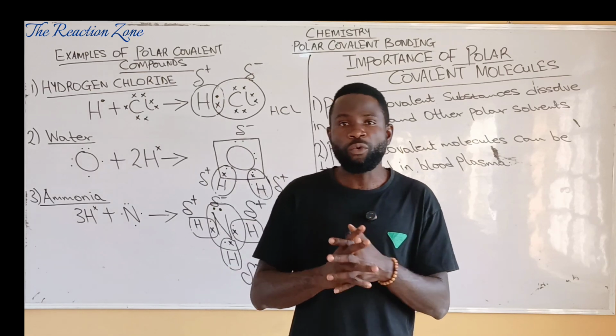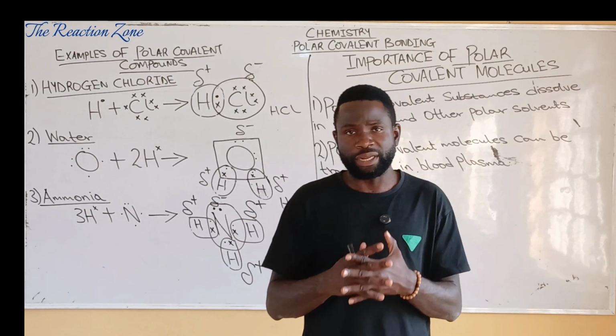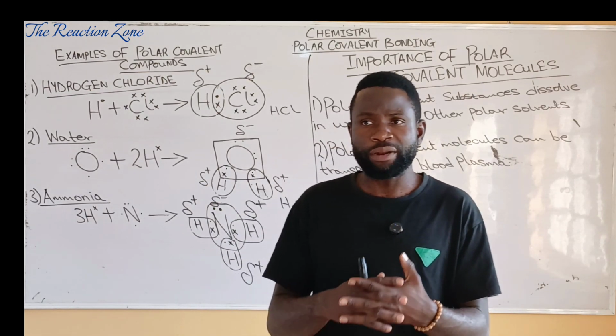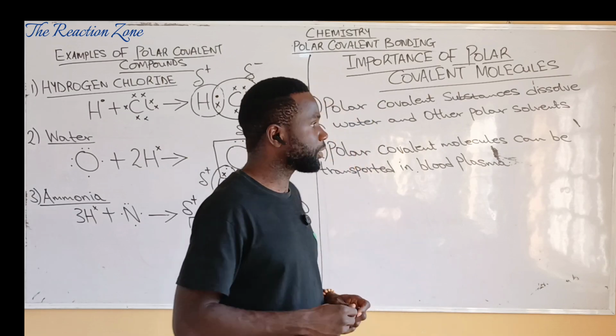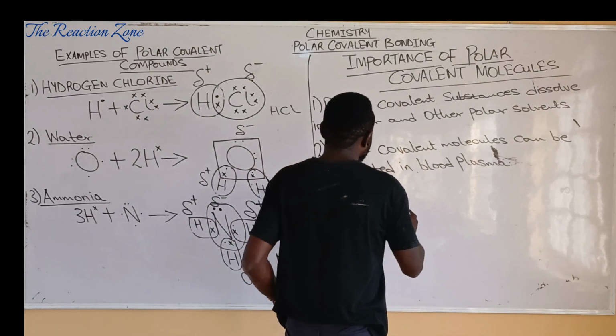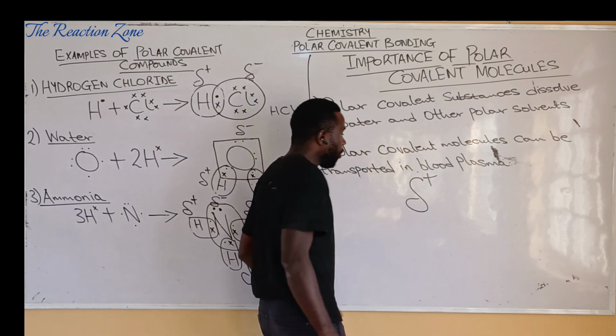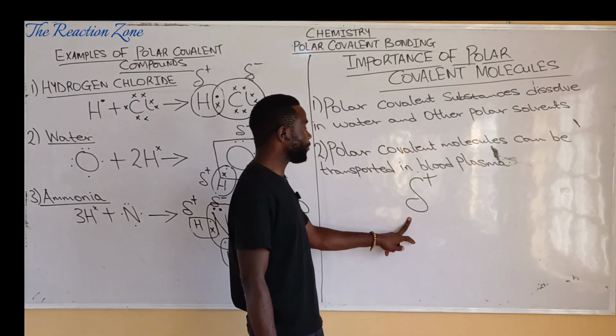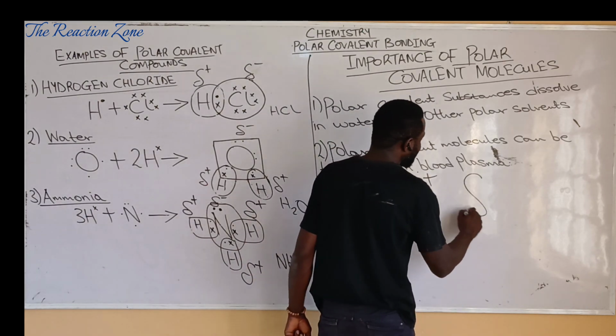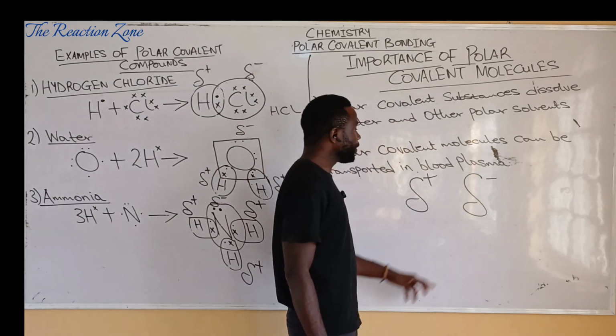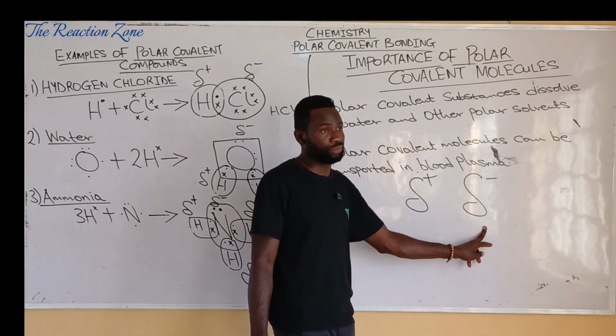And this unequal sharing of the bonding electrons results in the formation of a partial positive charge on the less electronegative atom and a partial negative charge on the more electronegative atom.